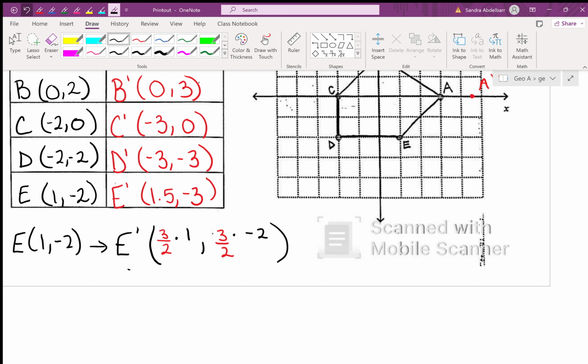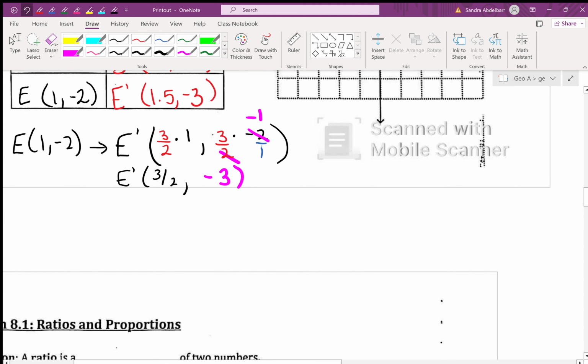So for my E prime, I have 3/2. And then for the second one, remember, you're allowed to cross simplify. So 3 goes into -2, -1 times. And then you're left with 3 times -1, which is -3. So now for the purpose of graphing, it's a lot easier to graph a mixed number or decimal than it is an improper fraction. So we say, okay, well, 3/2 is the same as 1.5. 3 divided by 2 is 1.5, comma, -3.